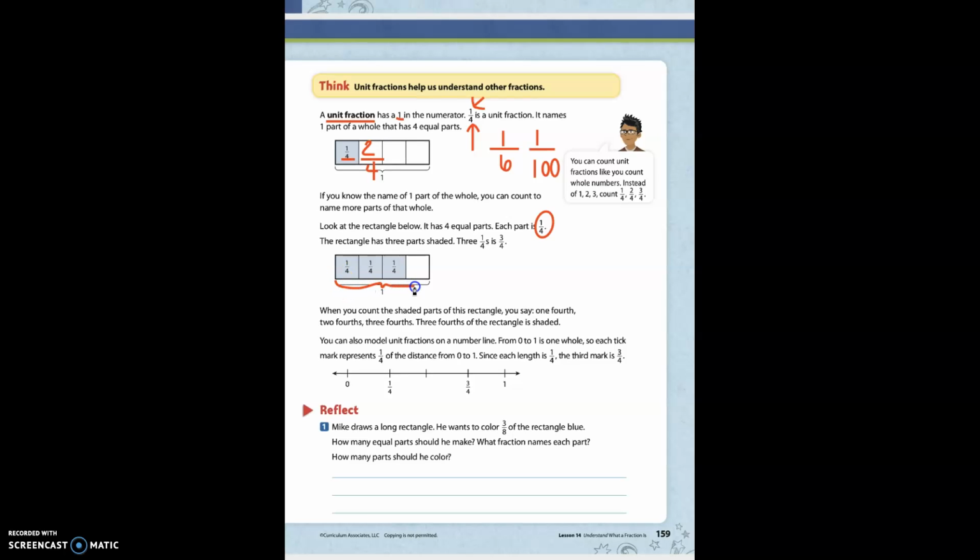This little bracket is just letting you know that from this tip to this tip is the whole thing. So one whole. And then you have 1/4, 2/4, 3/4 that are shaded. So that means that this is 3/4.